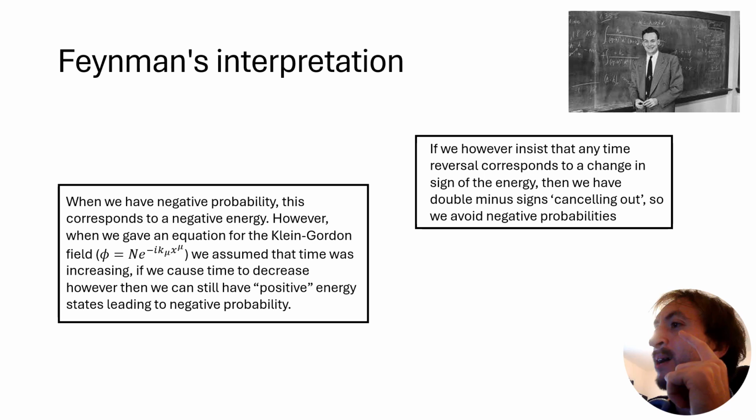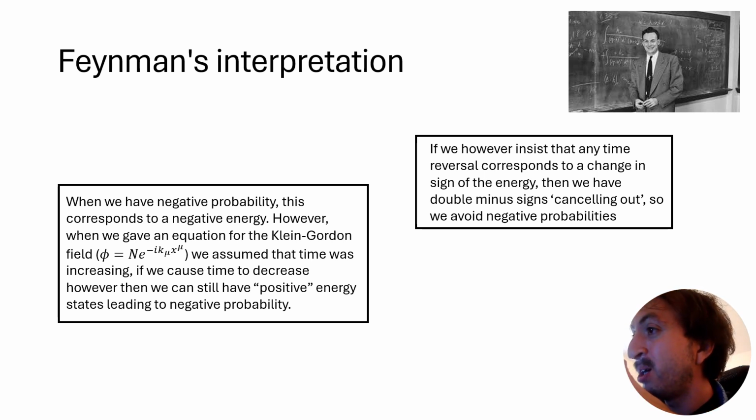But if we allow negative energy states of particles which are going backwards in time, suddenly there is positive probability associated with them. And so, providing we're having the solutions of negative energy actually refer to particles going backwards in time, there is no issue because we don't have any negative probabilities.